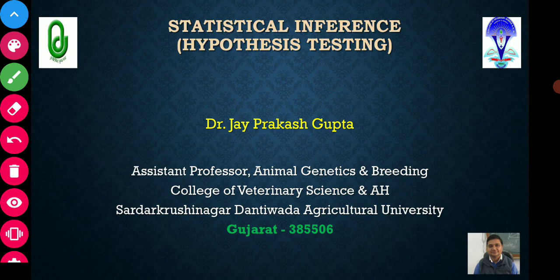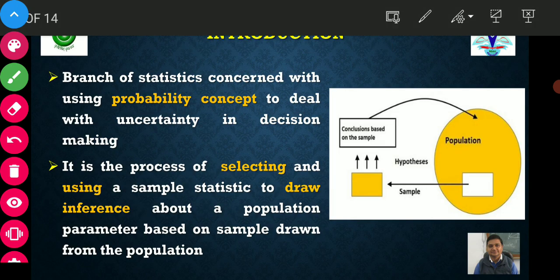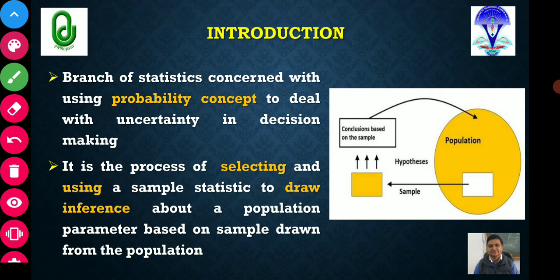The conclusion that we will be making after validation will be known as statistical inference. This statistical inference consists mainly of two steps. We will introduce the topic, and then we will go to the different components of statistical inference.